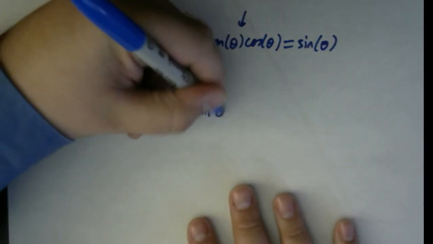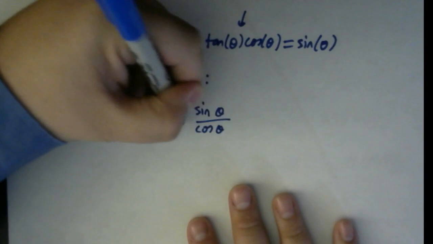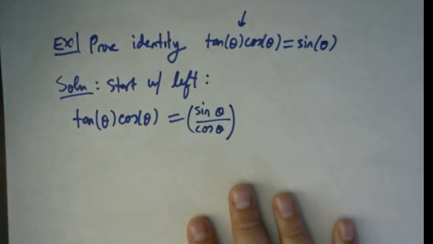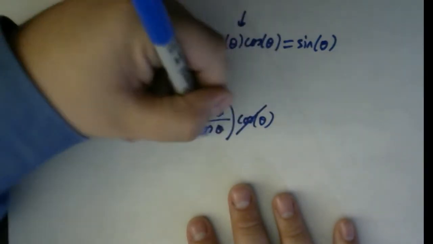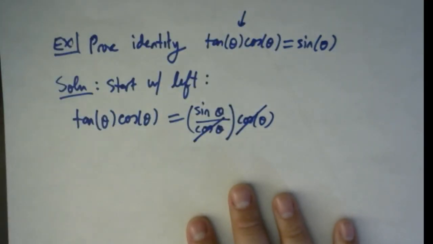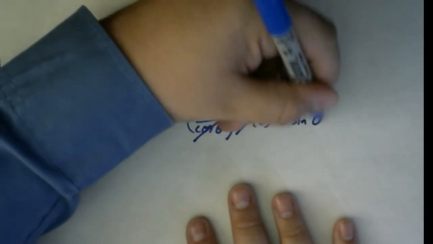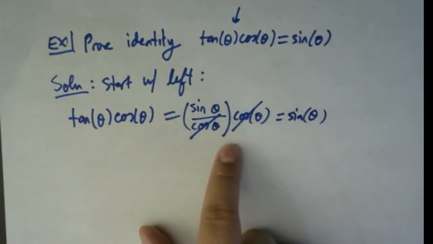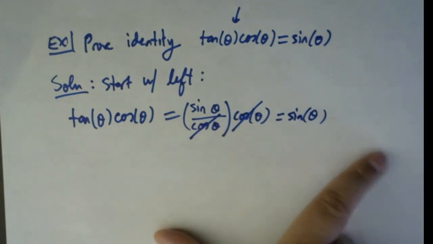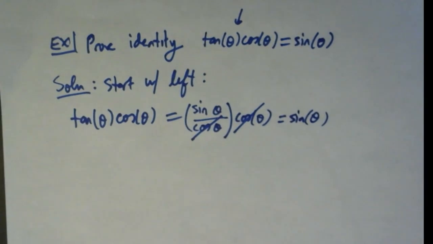I'll rewrite the tangent as sine over cosine, and the cosine on the right will just carry along. Pretty much in one step this was over. Those cancel, and I'm left with sine theta. So I've done the work in the middle to start here and end here, and that's it.